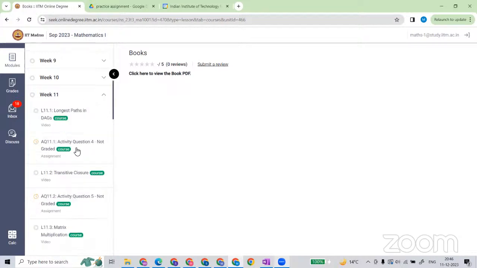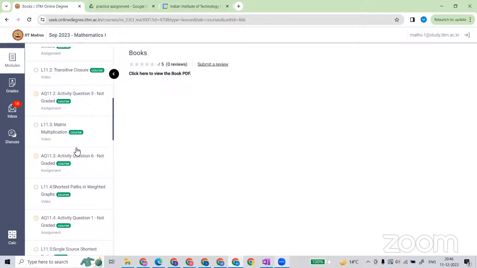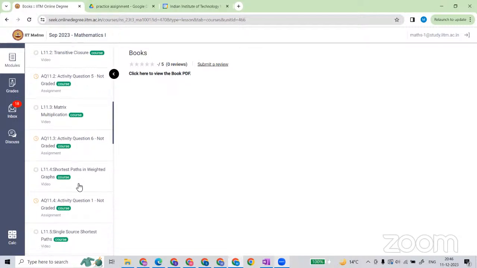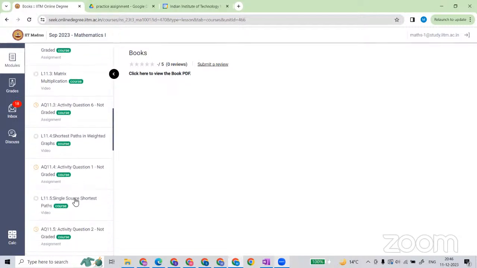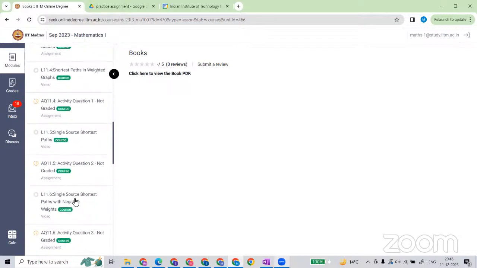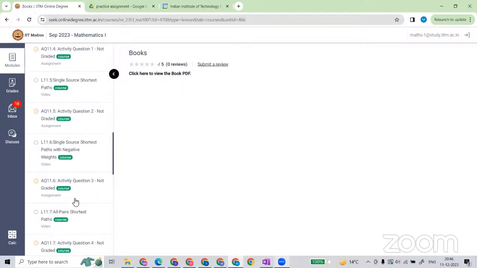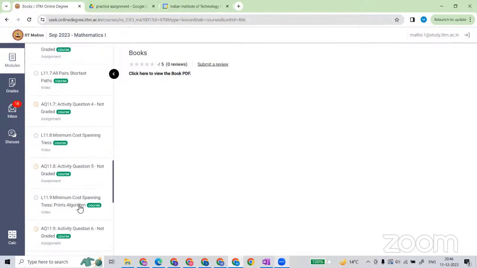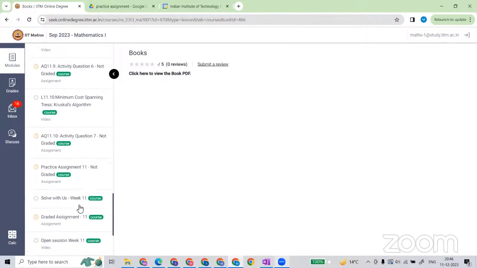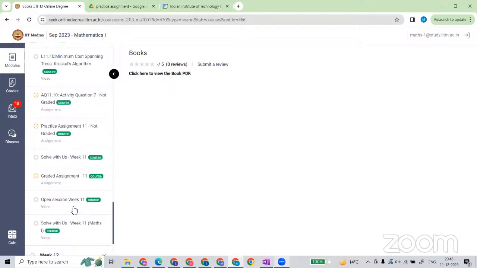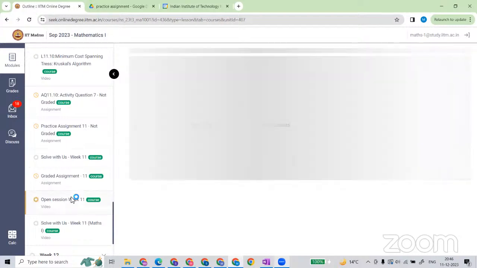That is a big topic, finding not a single shortest path but all pairs shortest paths, and that is discussed. It took 2 hours. Srikanth discussed that, and I think it is in this session.